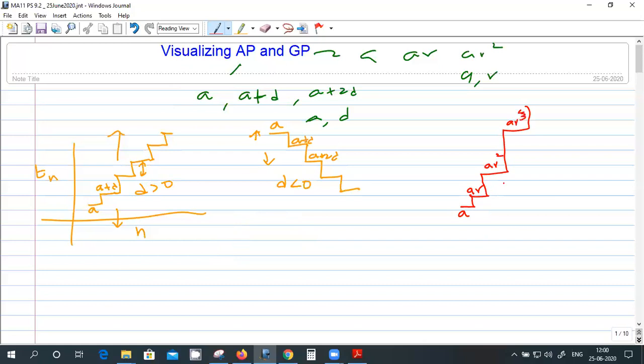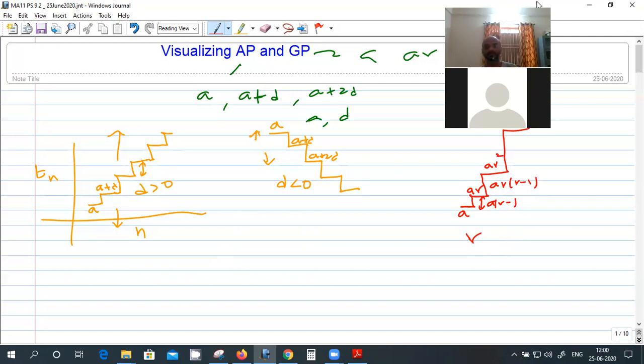Here the step size will constantly increase, because this is A into R minus 1, this is AR into R minus 1. And what can you say about R here? Is it less than or greater than 1?